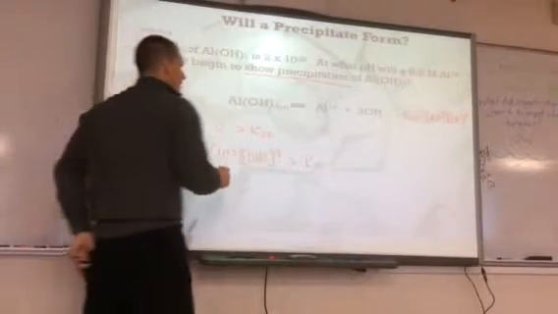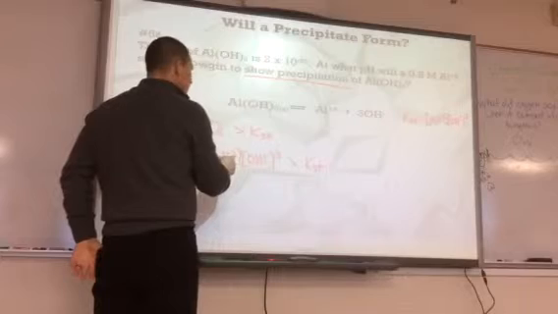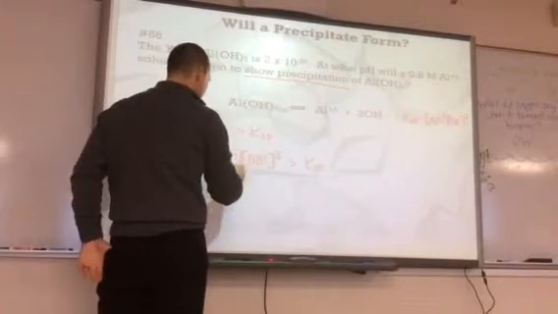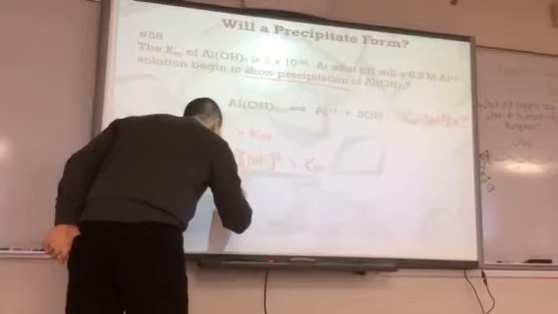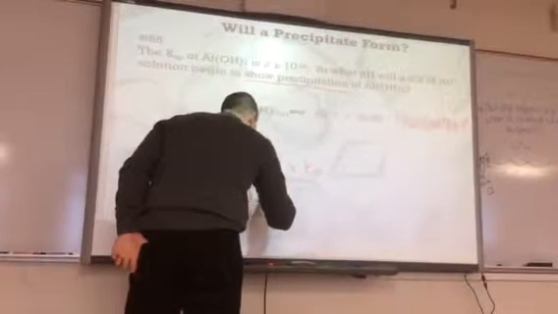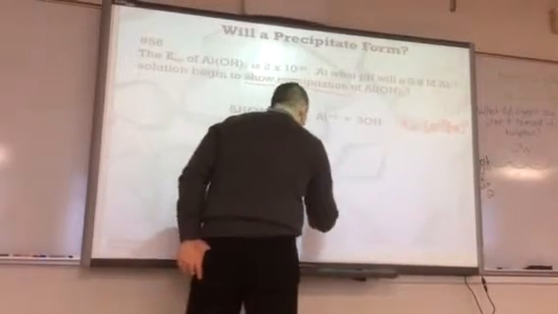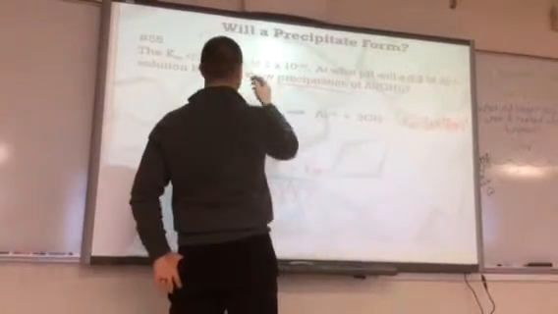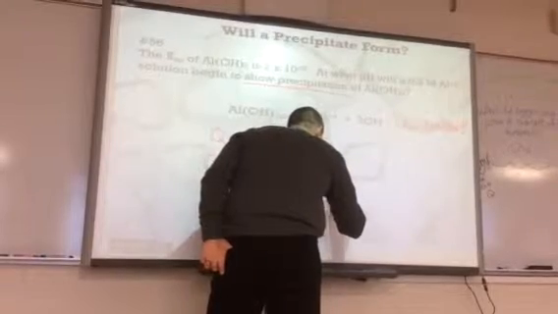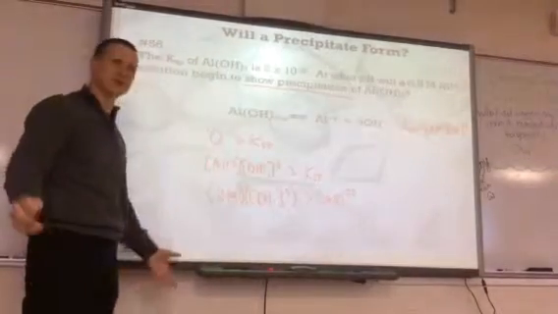So, if we know that the aluminum concentration is 0.2 molarity, times the hydroxide concentration cubed is greater than the K value, which we know is 2 times 10 to the negative 32nd. So what does the hydroxide concentration have to be?